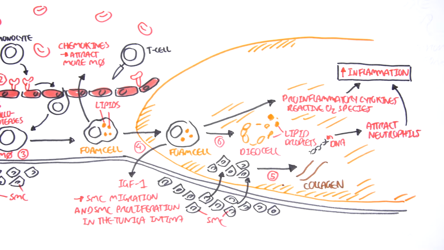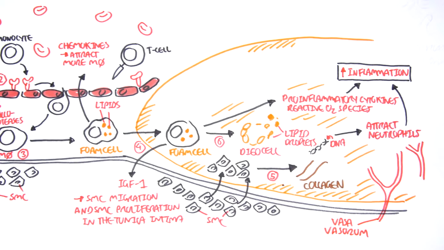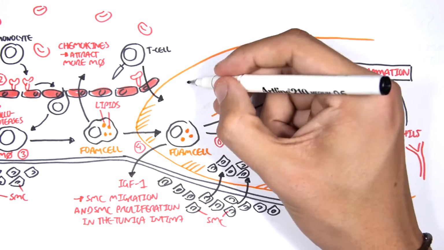Another interesting thing that occurs is there is an increase in blood supply to the layer of the tunica intima, to the vessel. So if you didn't know, blood vessels have their own vessel supply, and these vessels are known as vasa vasorum. Anyways, T cells also have a role in atherosclerosis.